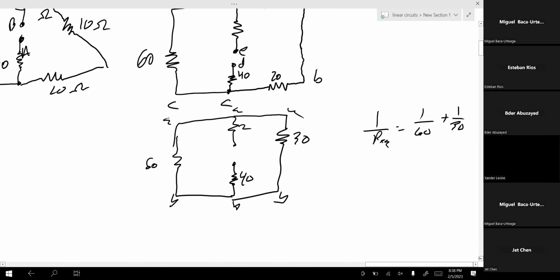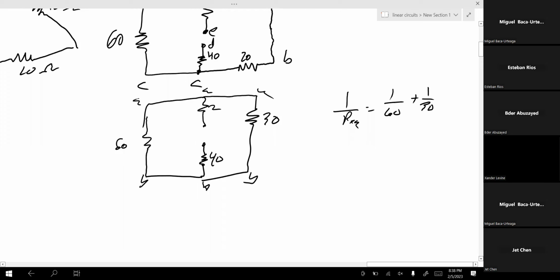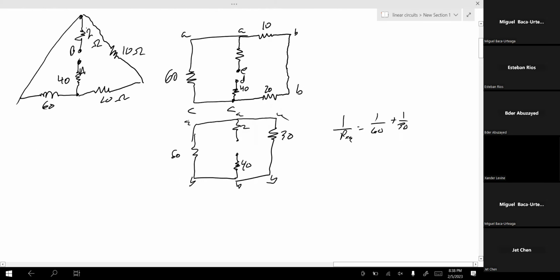I'm sorry, the way I'm doing this is really messy, but this was a really hard circuit to draw. But I have 1 over 60 plus 2 over 60. So this is going to be 60 over 3 is equal to R equivalent. I want to make sure I have the right. Yeah, it's 20 ohms.